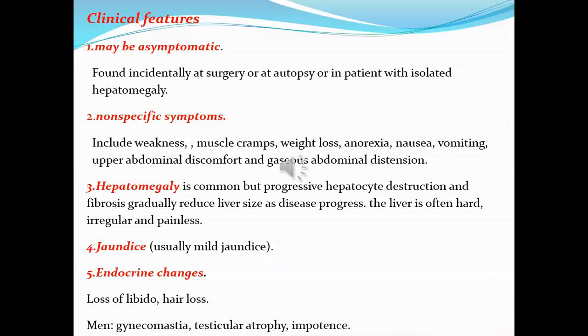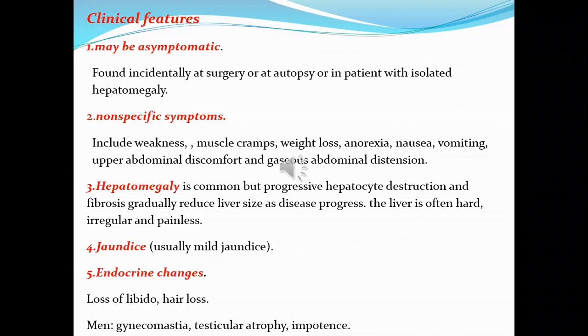Or maybe in a clinical examination we incidentally find a large liver. The patient does not complain of any symptom, but on examination the liver is large. That means the patient may have liver cirrhosis. When we do other investigations we find features of liver cirrhosis. Or the patient comes to you with non-specific symptoms.